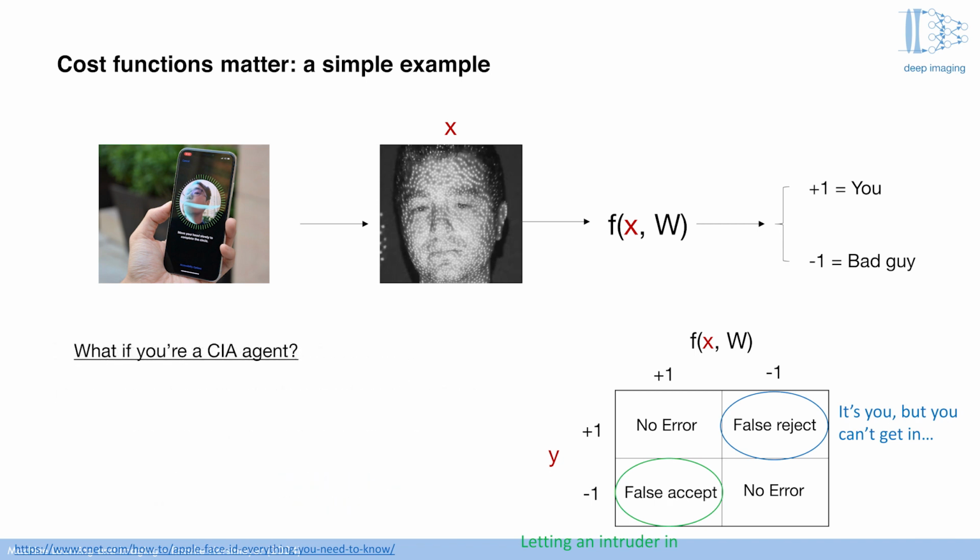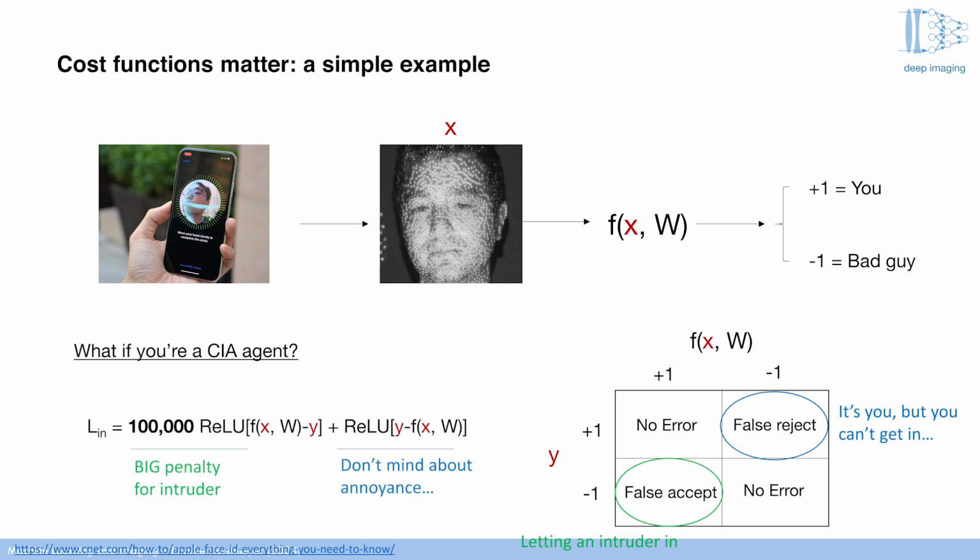And so what if instead of working at Apple, you were a CIA agent? You were working for James Bond, let's say, as Q, and designing some new phone. This would be like 20 years ago, and this technology would be really James Bond worthy. And you had to do the same thing. I, as Q, would probably add a huge weight to the intruder, because you don't want anyone to get into James Bond's phone.